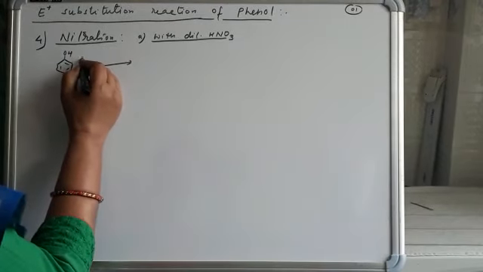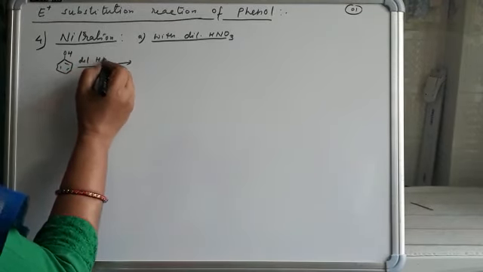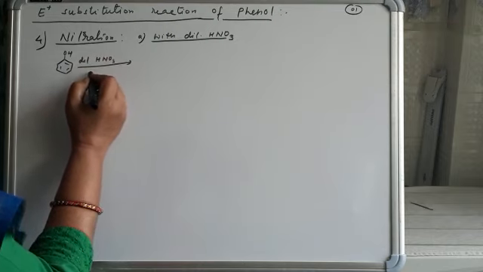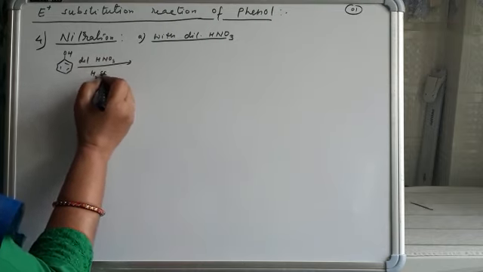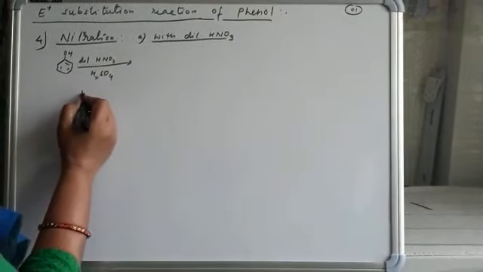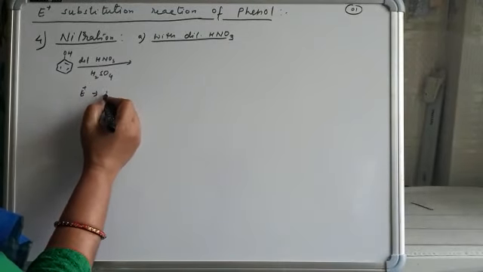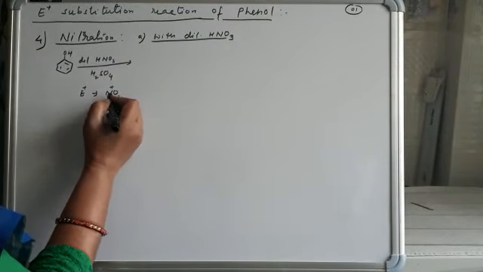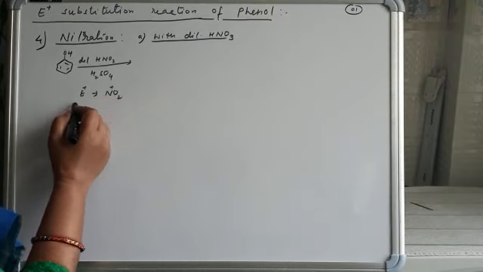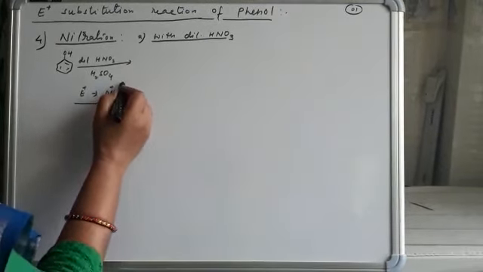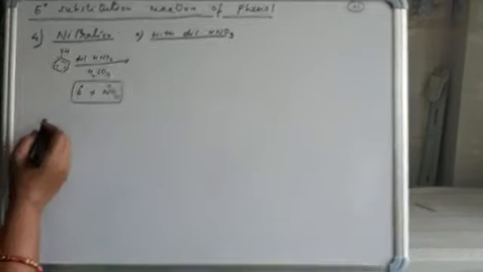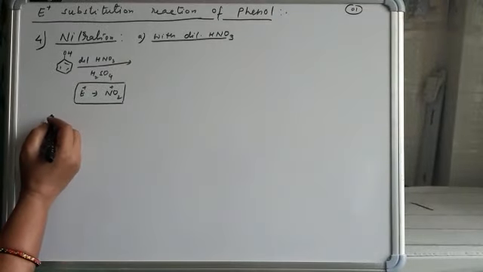The nitrating mixture is HNO3 with conc. H2SO4, and the electrophile is the nitronium ion. How the nitronium ion is generated, you have already studied in class 11th also. Here I would like to recall it.